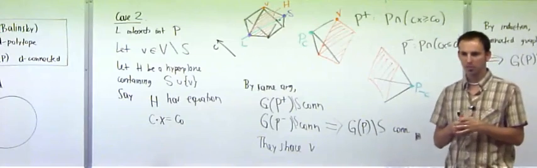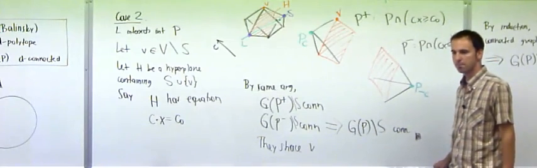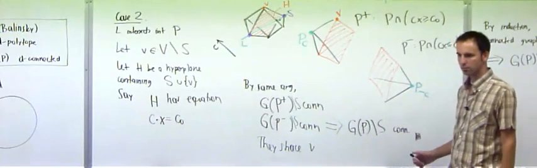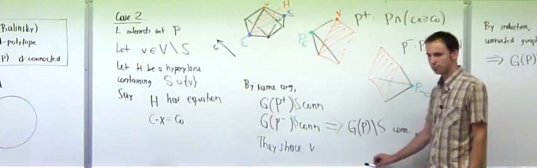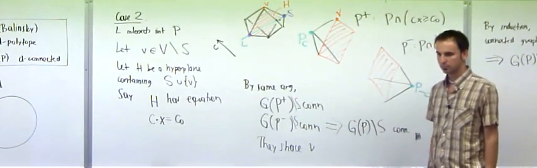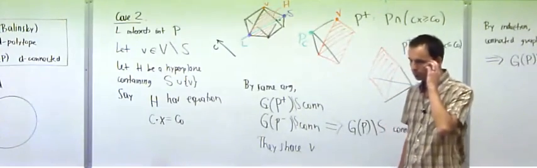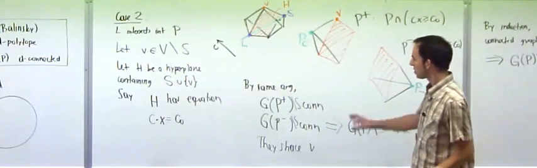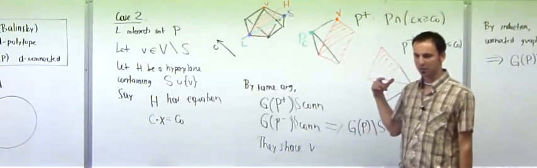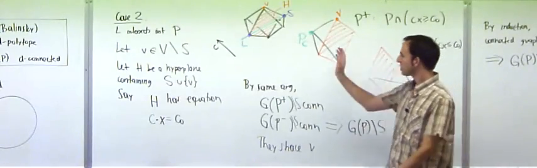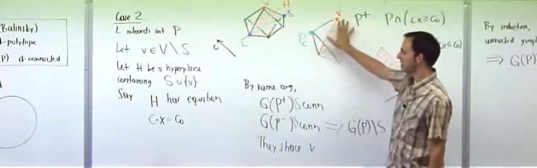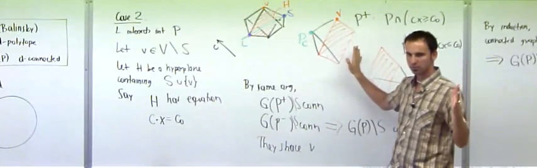You guys have any questions about this proof? Yeah? Exactly. So you see what I'm doing here is kind of reducing to the other case, because in the other case I had this situation where this orange hyperplane was an extreme hyperplane. Okay?